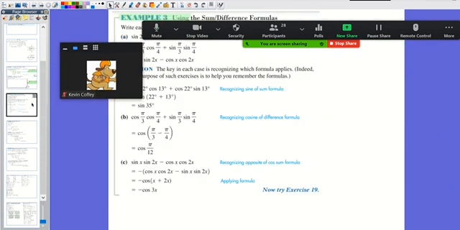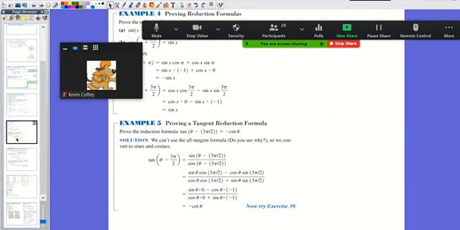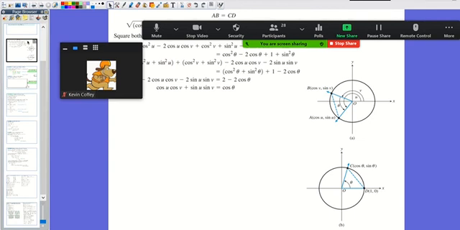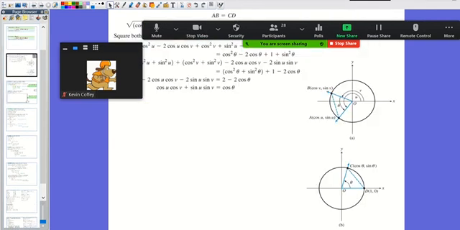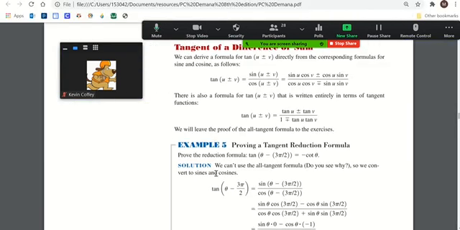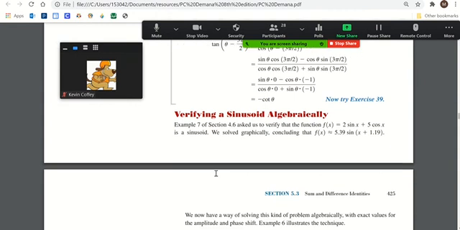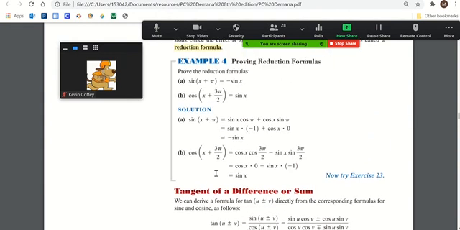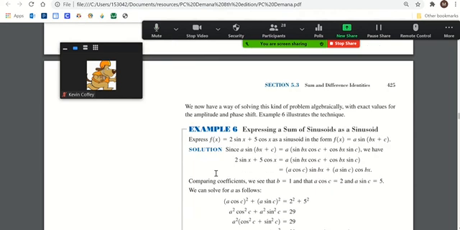Let's see, I got a tangent example somewhere here. Maybe I don't have a tangent example. Let me see if they have. Huh, interesting.